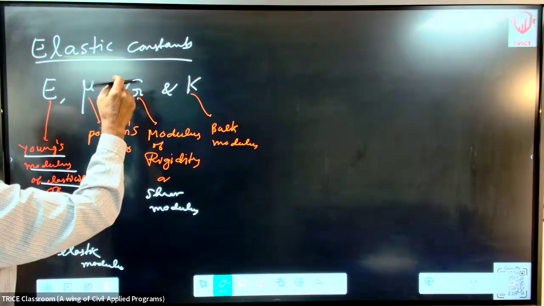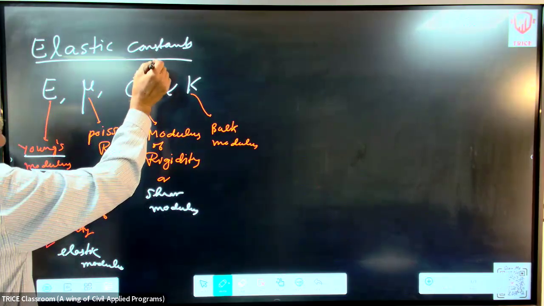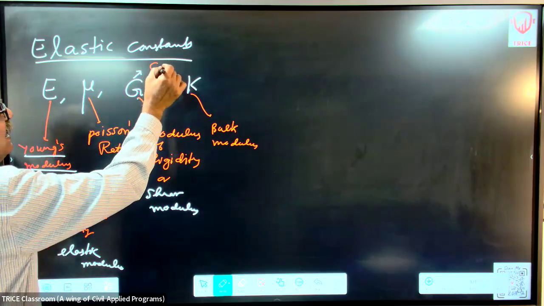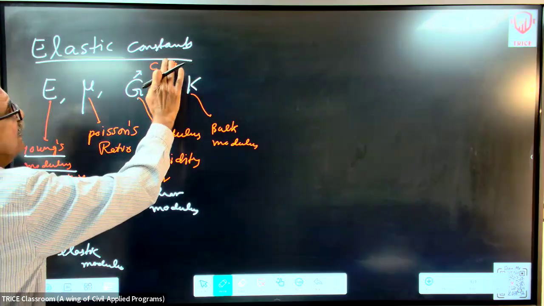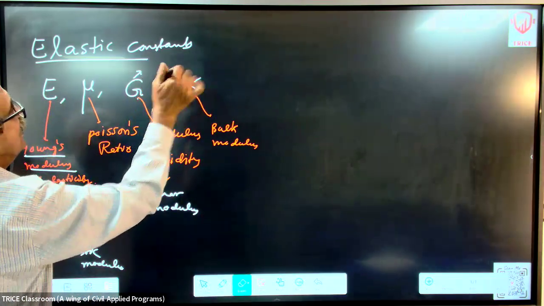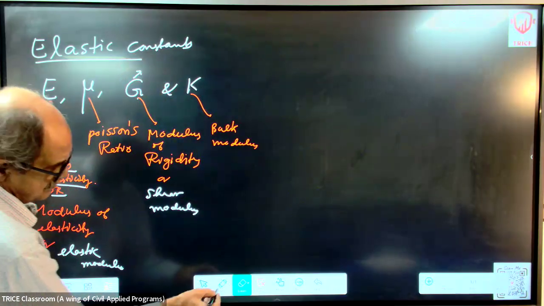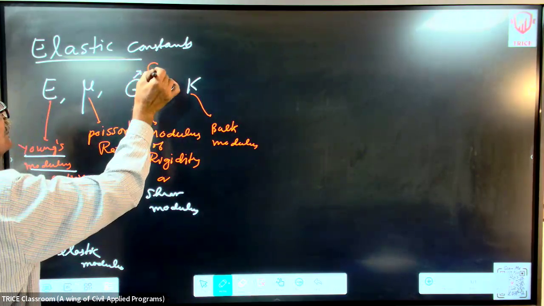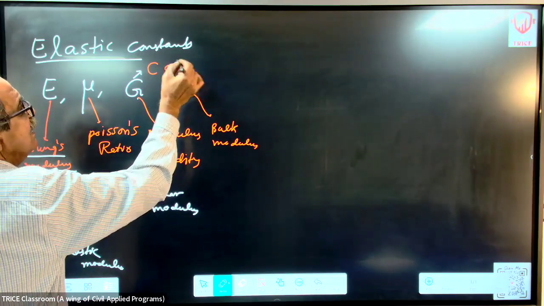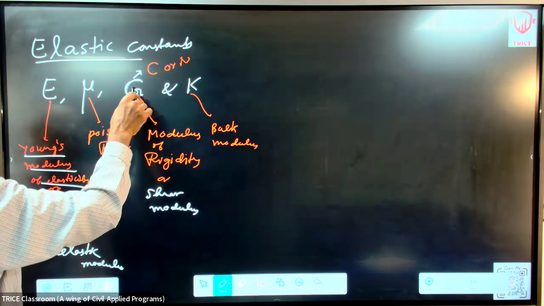Now our symbol is G. Some places for G they use symbol C, or very rarely N. But we will always take G only.